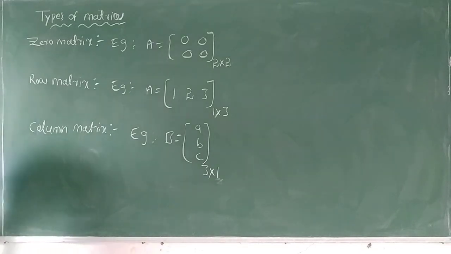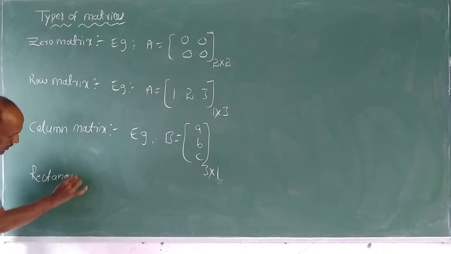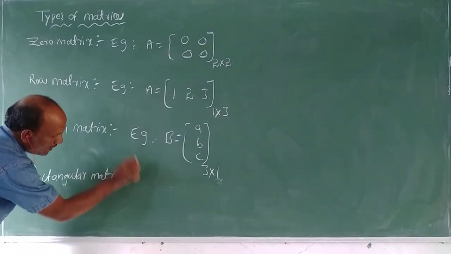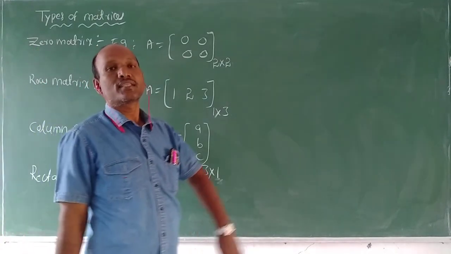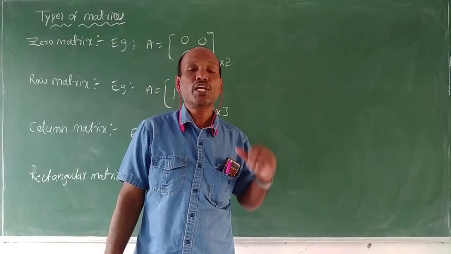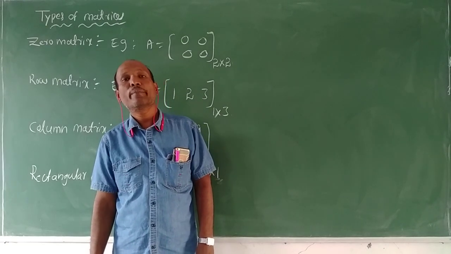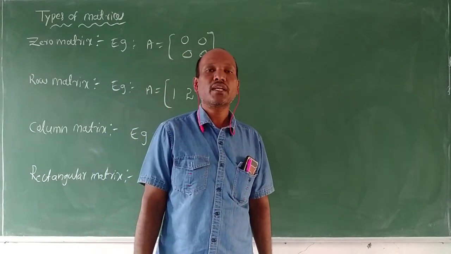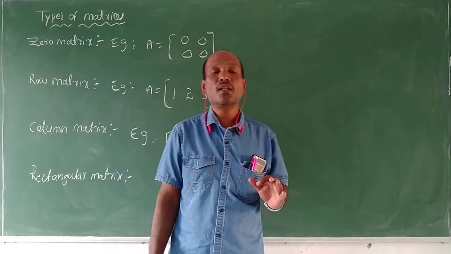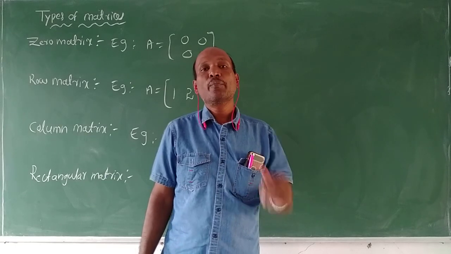Next, rectangular matrix. A matrix in which the number of rows is not equal to the number of columns is called rectangular matrix.